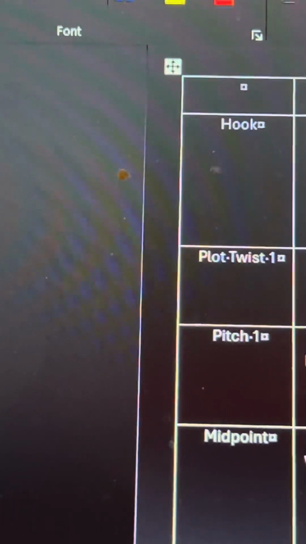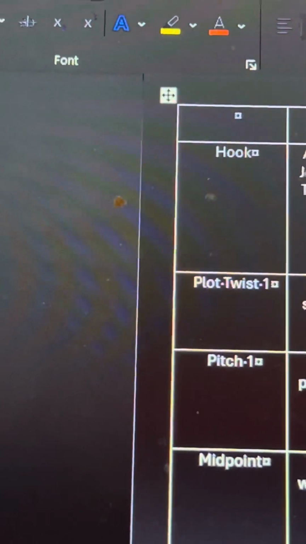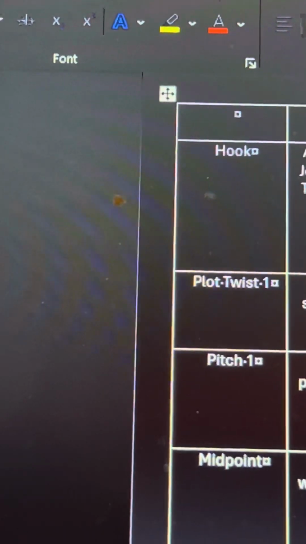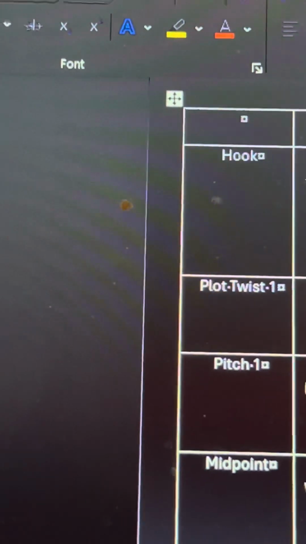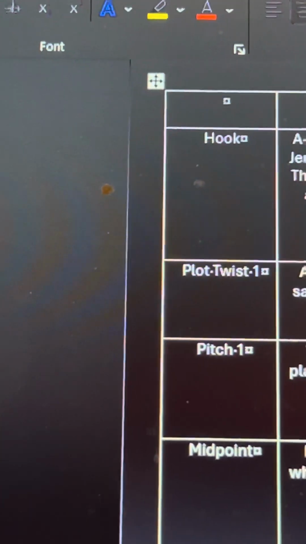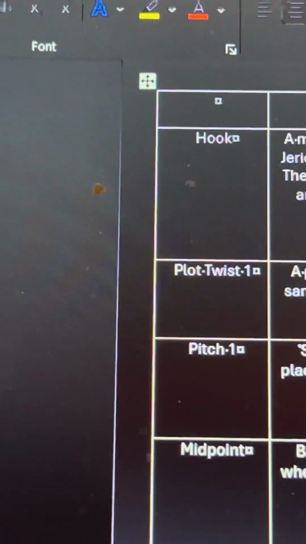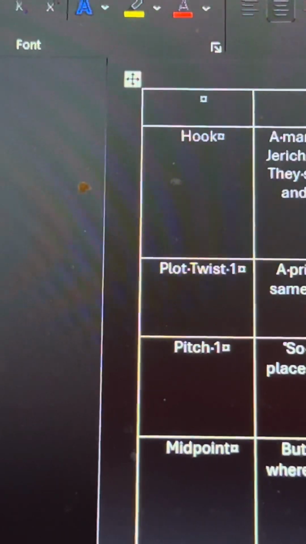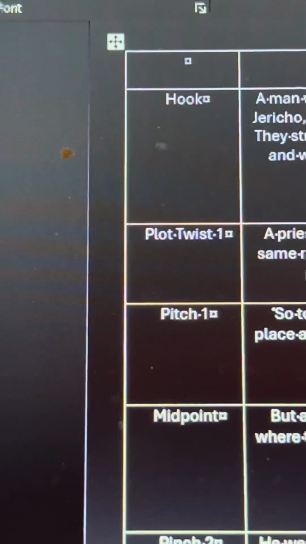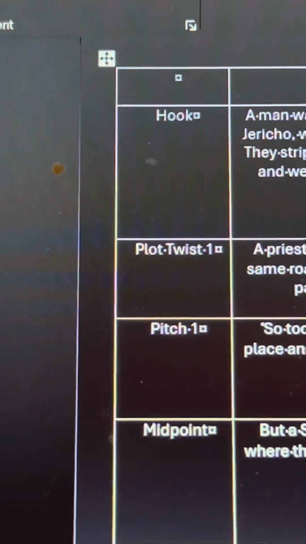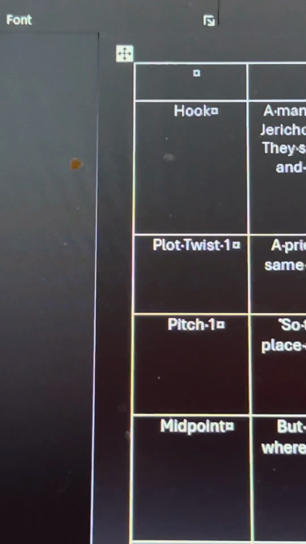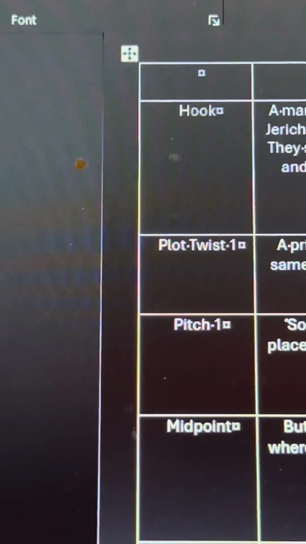Something happens to add to the action and make the narrative twist and turn. The plot twist often changes the narrative.